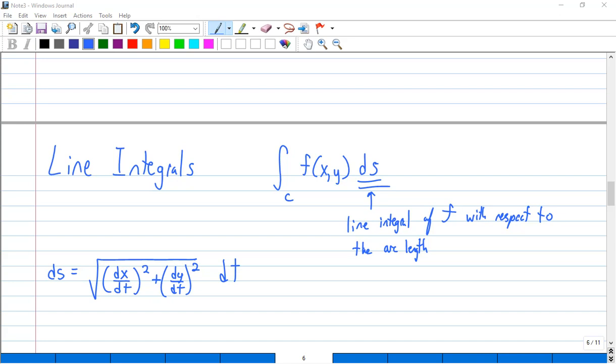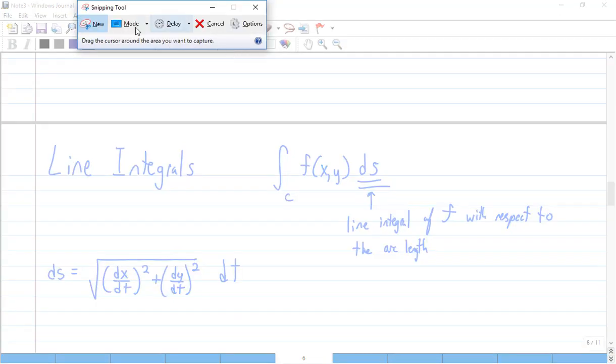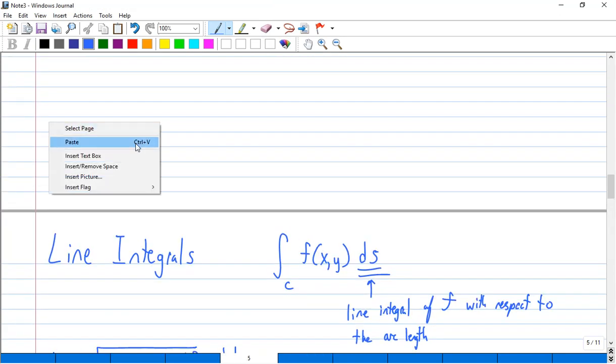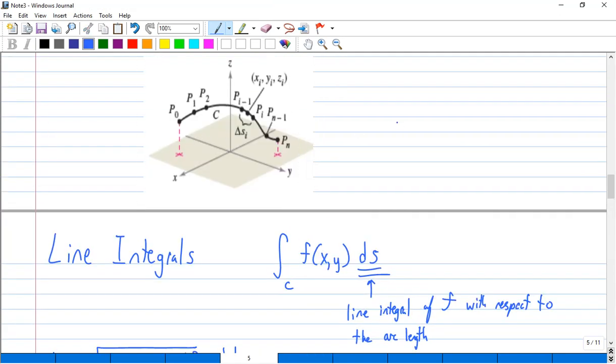If we partition the curve into n subarcs, so let me show you a picture of what we're talking about. We can only visualize so much. So let's say that we took this wire and we partitioned it, this curve, into n subarcs, meaning n pieces there.